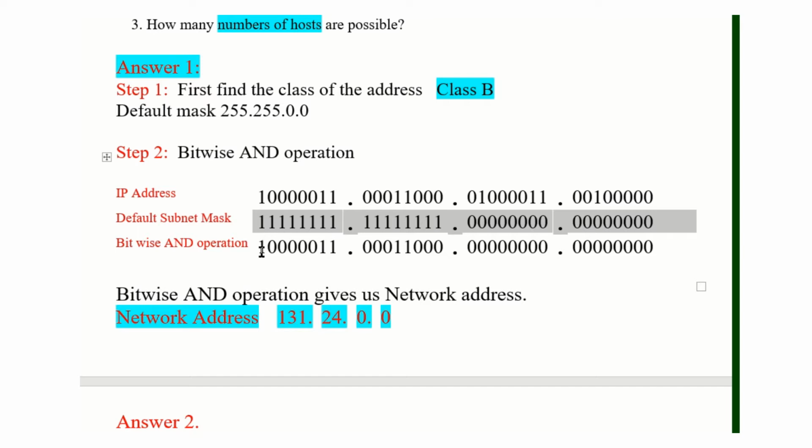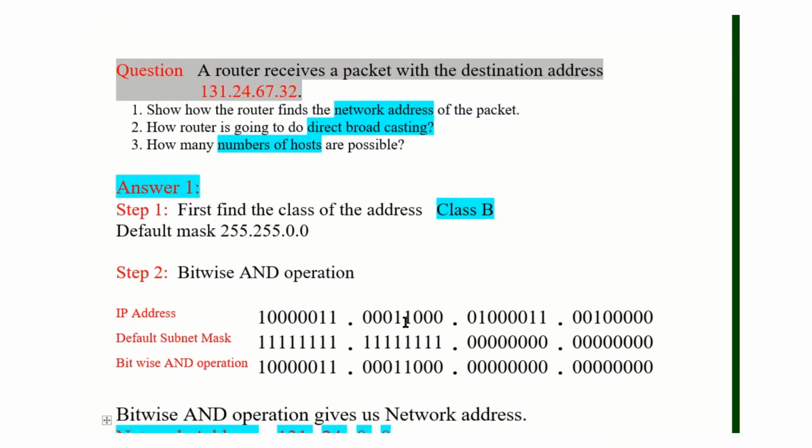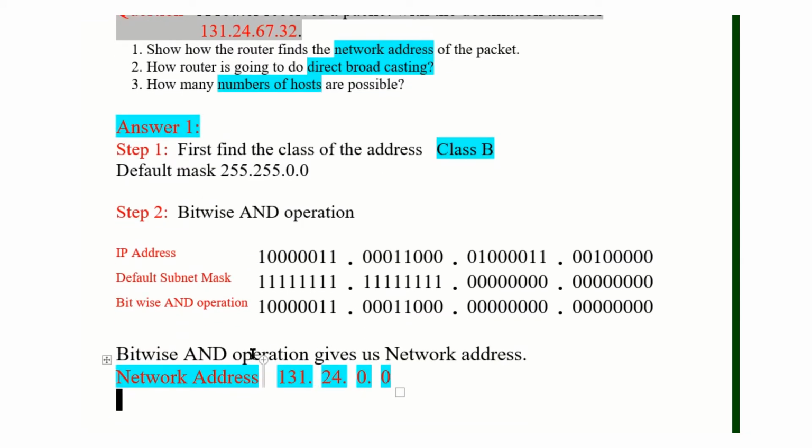When performing bitwise AND, 1 and 1 comes out to be 1, 1 and 0 comes out to be 0, and so on. This is the bit answer for the bitwise AND operation, which gives us the network address of the given IP number. So the network address comes out to be 131.24.0.0.